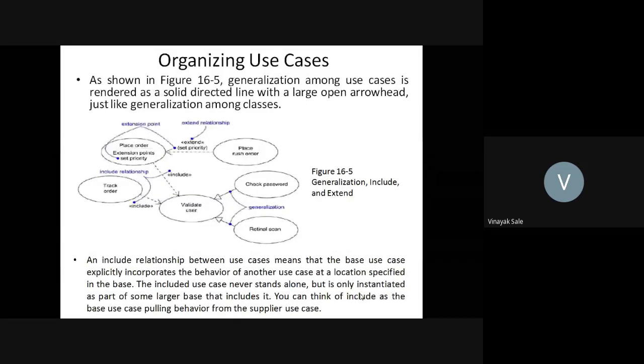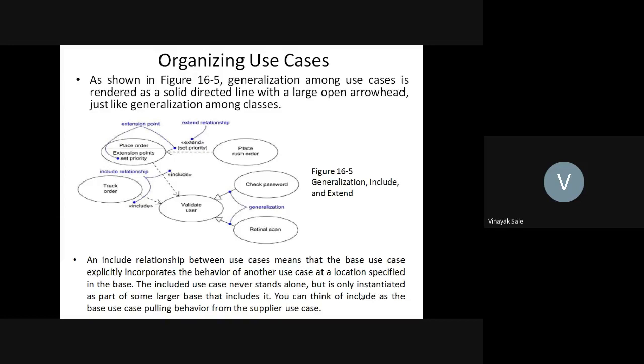So as shown in the figure, generalization among use cases is rendered as a solid directed line with a large open arrowhead. These are the generalizations. In the previous slide's example, we have seen validate user in the case of banking, with check password and retinal scan.